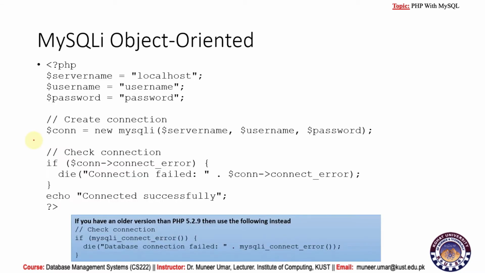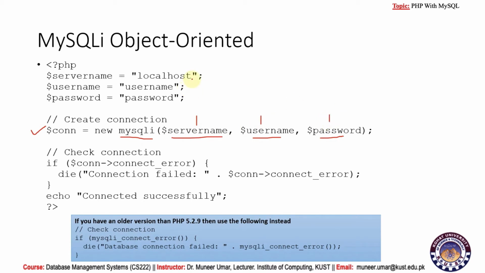The first one is mysqli object oriented. In this we need an object to create the connection. This object requires three things: the server name, username, and password. We can use three variables for giving these three values to the mysqli object. You can also type the values directly here instead of using variables.